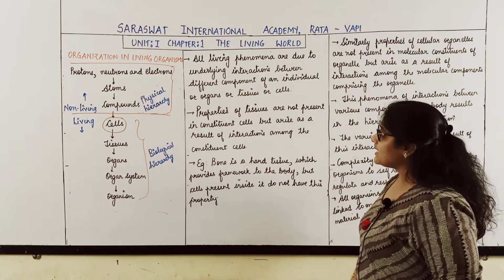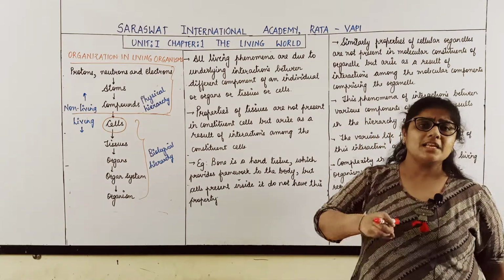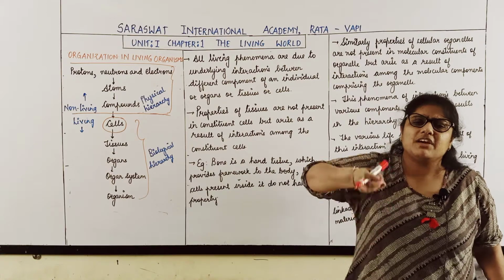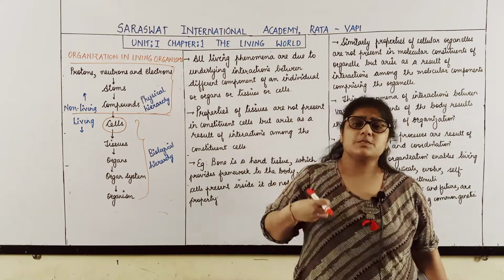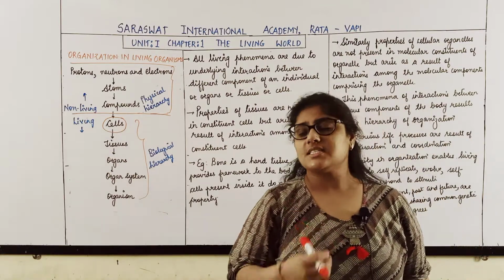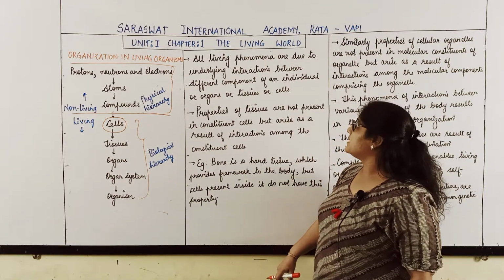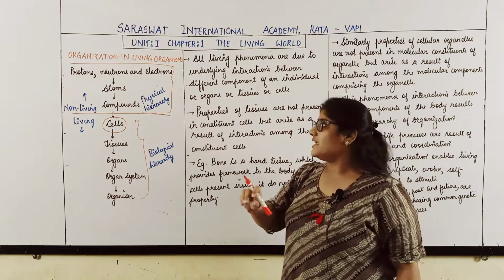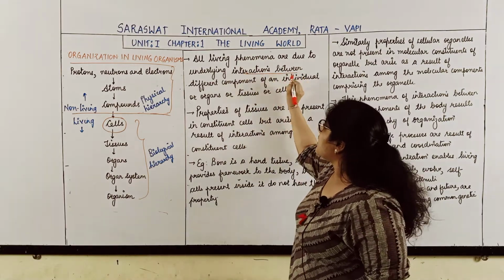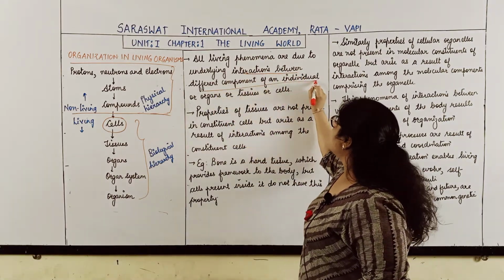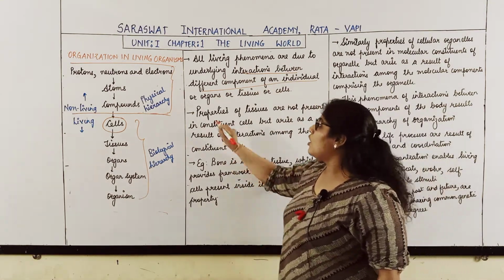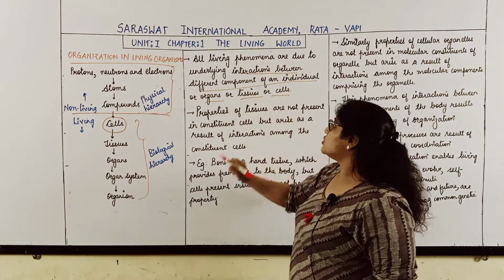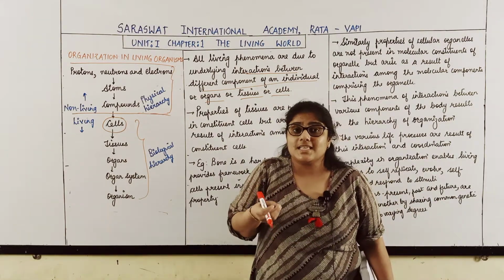So basically students, all the living phenomena, that is whatever activities and life processes occur within the living organisms, are due to the interactions between the different components of an individual, or the organs, or the tissues, or the cells. What does that mean?